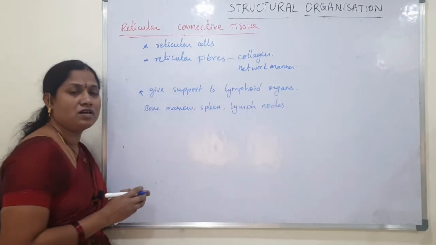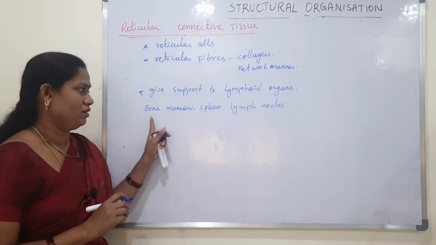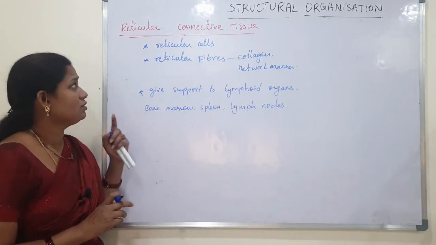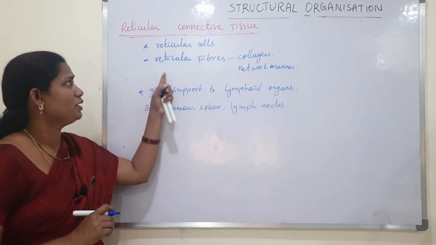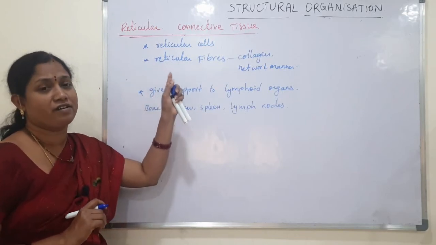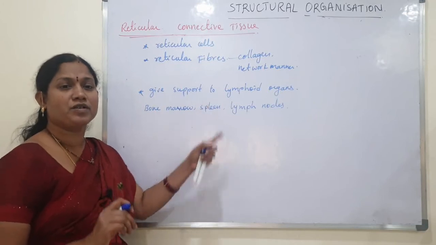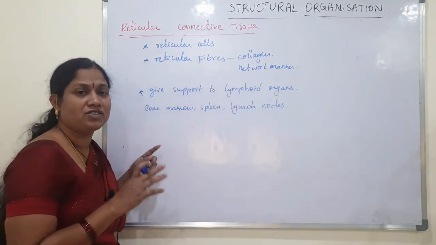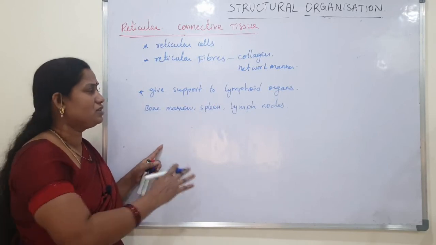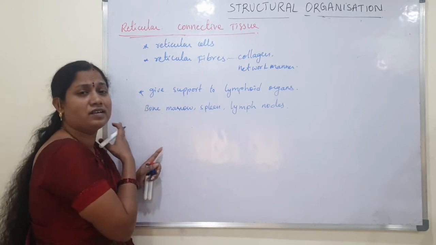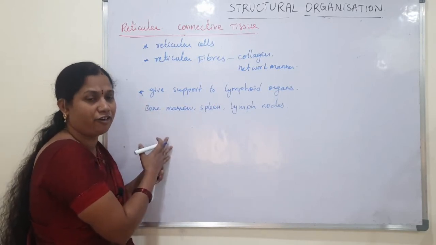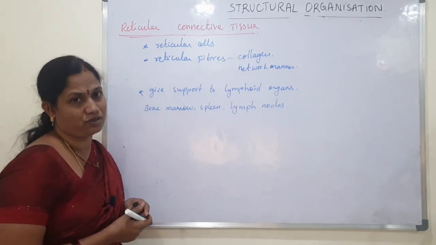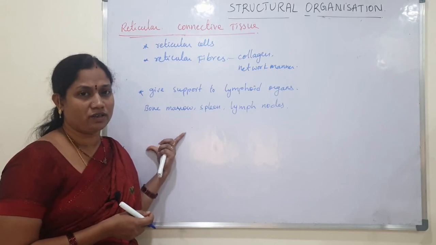These are mainly made up of reticular connective tissue. Reticular connective tissue means it is made up of reticular cells and reticular fibers. Reticular fibers are made up of collagen protein and are arranged in a network manner. They give support especially to the lymphoid organs like bone marrow, spleen and lymph nodes. So this is about reticular connective tissue.